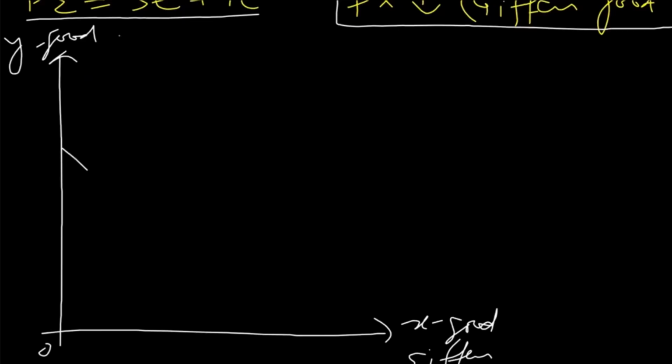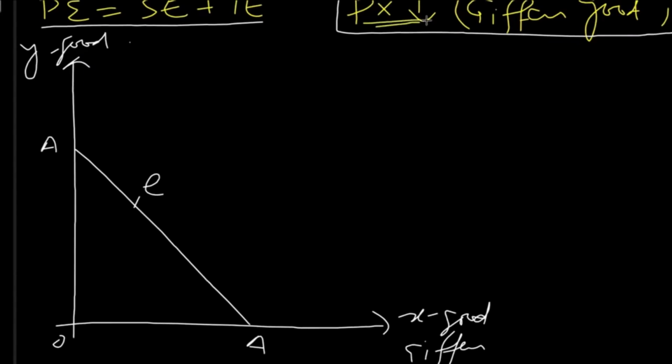And initial budget line is, let's say, AA, and we suppose that initial equilibrium is taking place at point E. And now if there is a fall in price of X, budget line will shift like this from AA to BB, because now purchasing power of consumer for X good has increased.